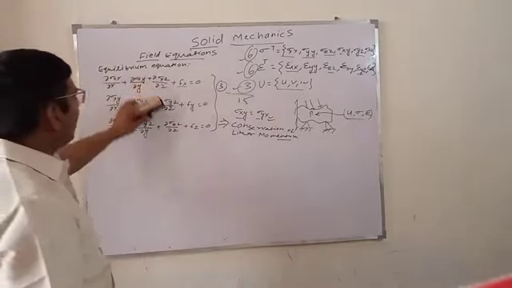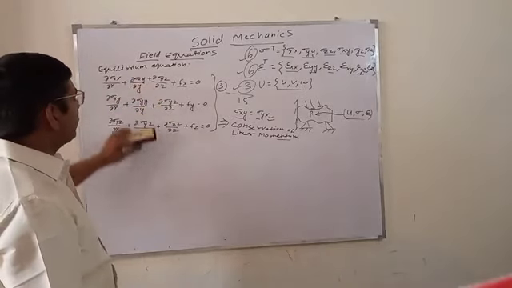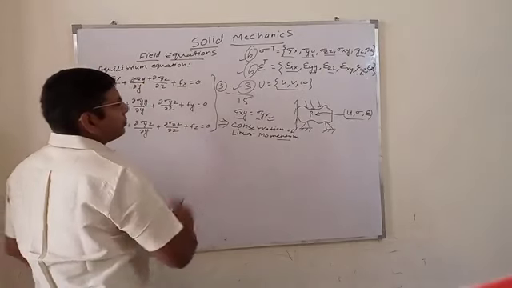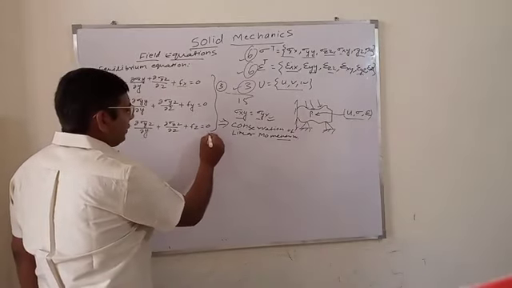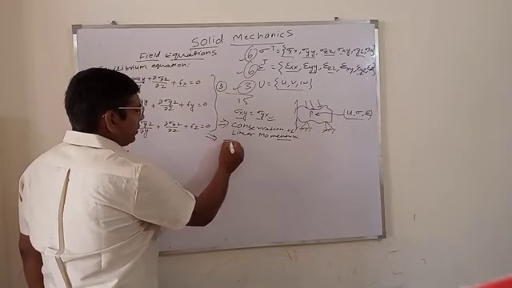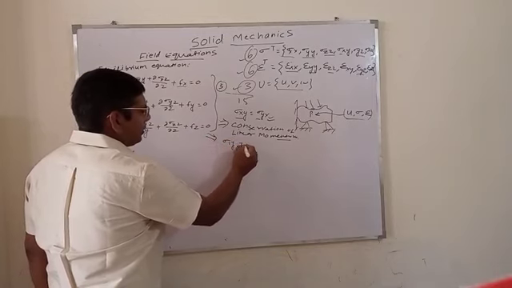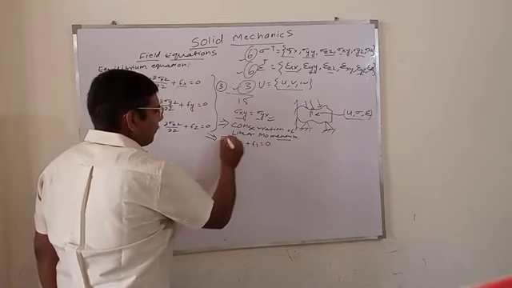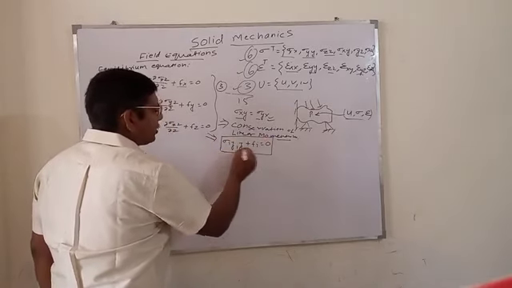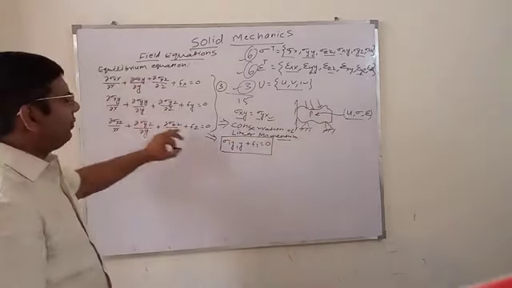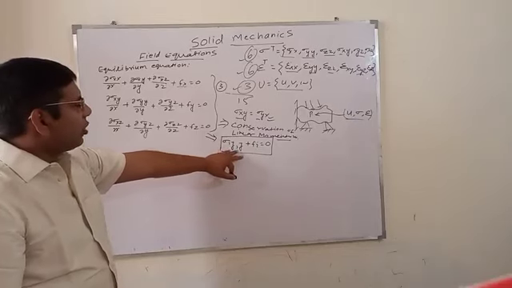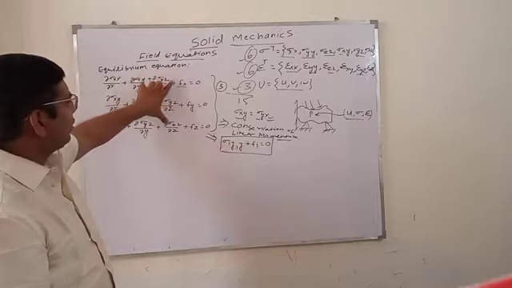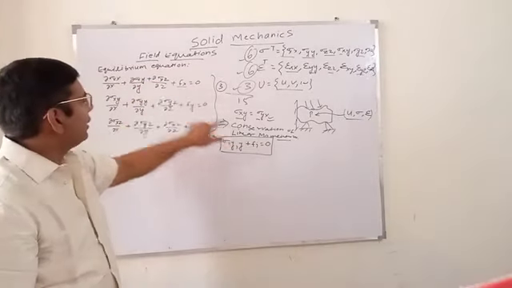This we can write in tensorial form as sigma ij comma j plus fi is equal to 0. The three equations can be summarized in one line this way.